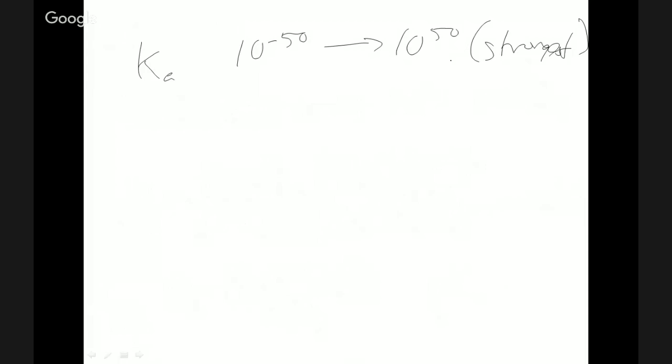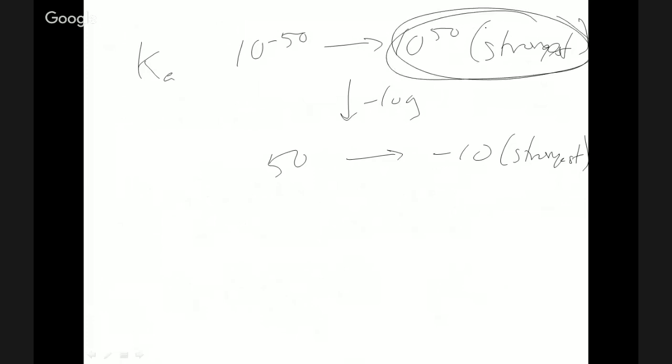Essentially, when you take minus the log, all we're doing is converting this to more usable numbers, and what we get is 50 to about negative 10. This is the strongest acid. Because the higher, the more products you have, 10 to the 50th, then it correlates to the lower pKa number. All right, so those correlate, but there's no direct correlation.